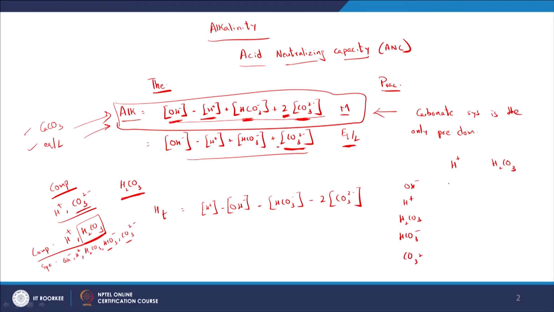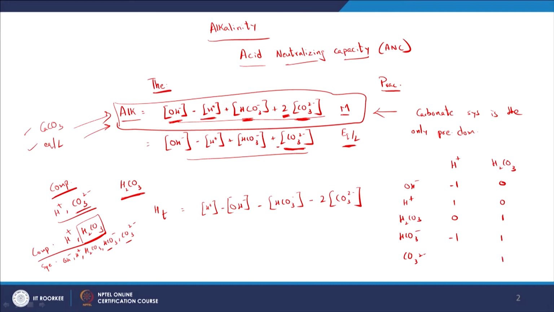So, how many H plus do I need to form one OH minus? Minus 1, and this is going to be 0, and how many H plus do I need to form one H plus? 1, and thus I need 0 H2CO3 to form H plus, and again here it is going to be 0 and 1. So, obviously HCO3 minus is H2CO3 minus H plus, so that is why we have it here. And how can I form CO3 2 minus?